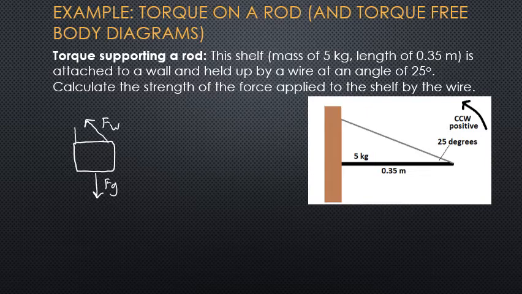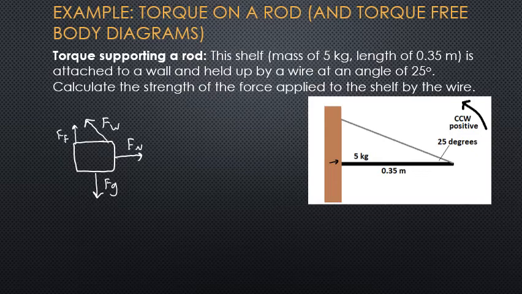And then we also have a frictional force from the wall itself, right? Because the shelf is touching the wall right there. When two things are touching, that also creates a normal force, so the wall is pushing out against this shelf a little bit as well.